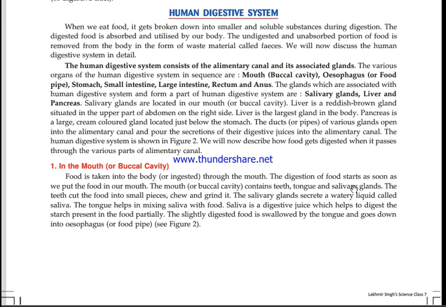Salivary glands release saliva, which mixes with the food and makes the food soft. That's why the food easily runs through the food pipe and goes into the stomach.